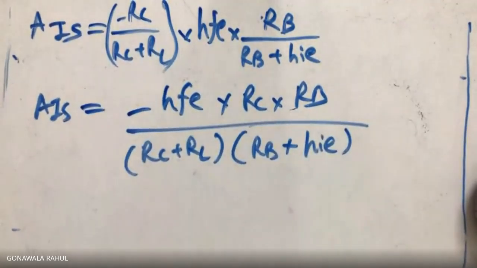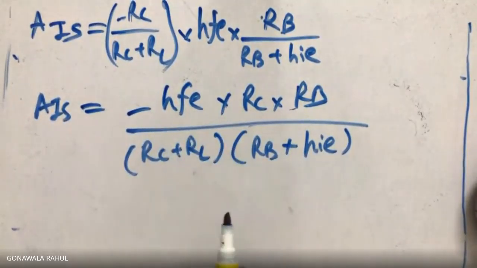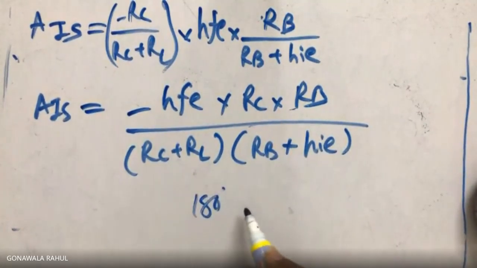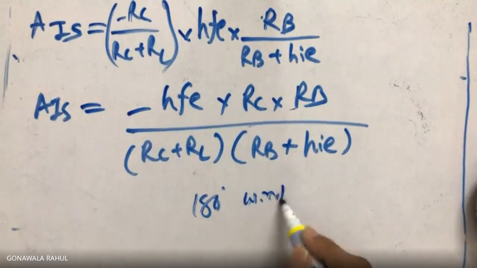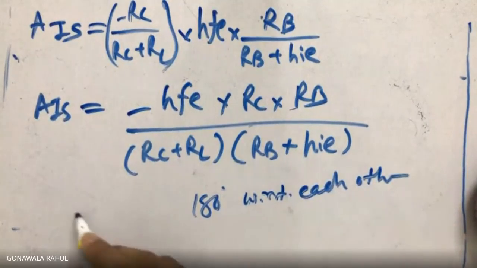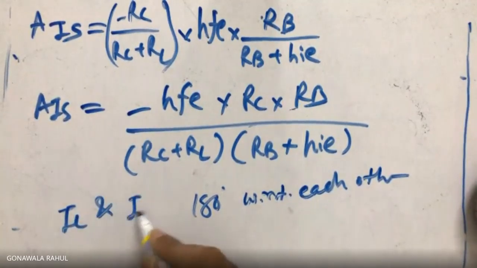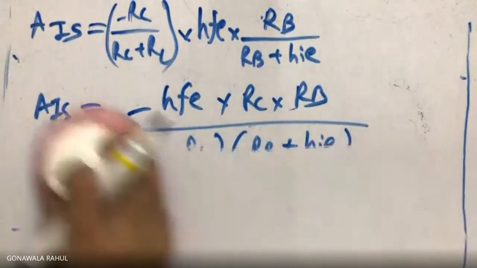So that was the equation of current gain, where the negative sign indicates that load current IL and source current IS are 180 degrees out of phase with respect to each other. Clear? So that was our current gain.